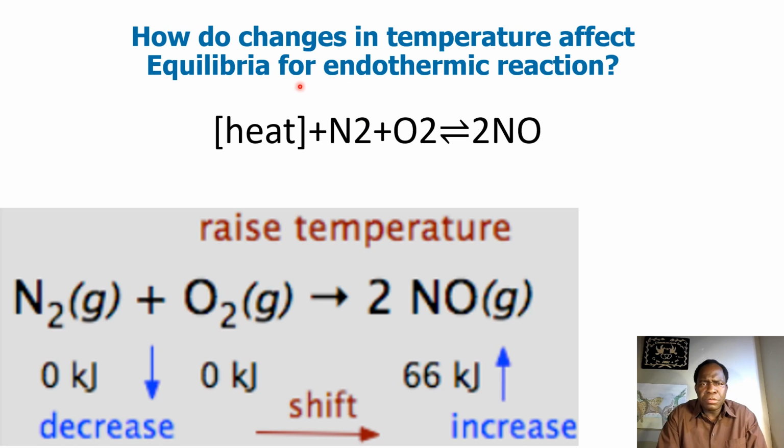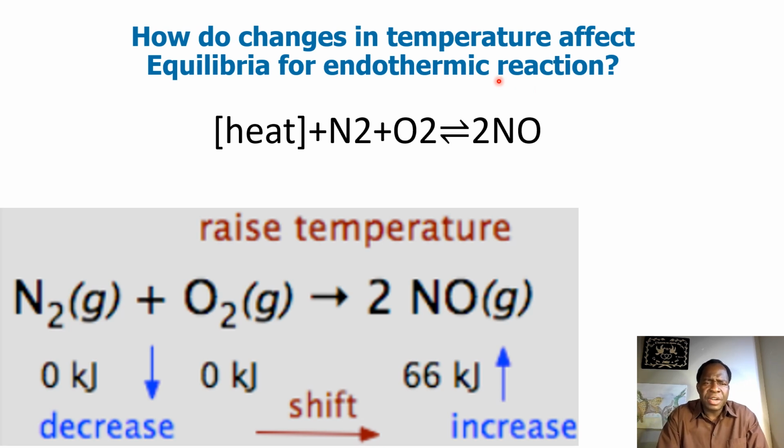How does a change in temperature affect equilibria of an endothermic reaction? So an endothermic reaction is a reaction that absorbs heat, consumes heat. So the reaction needs the heat in order to proceed to the formation of the product.